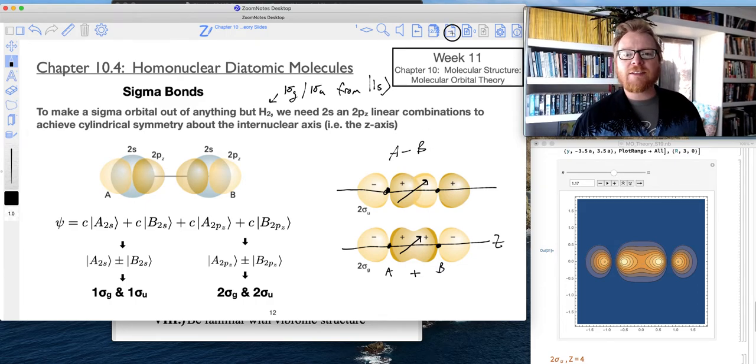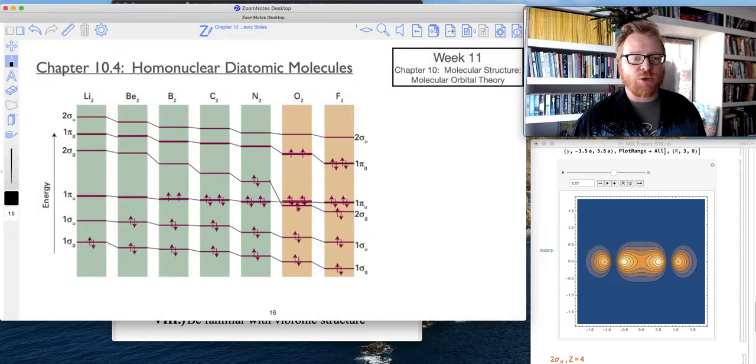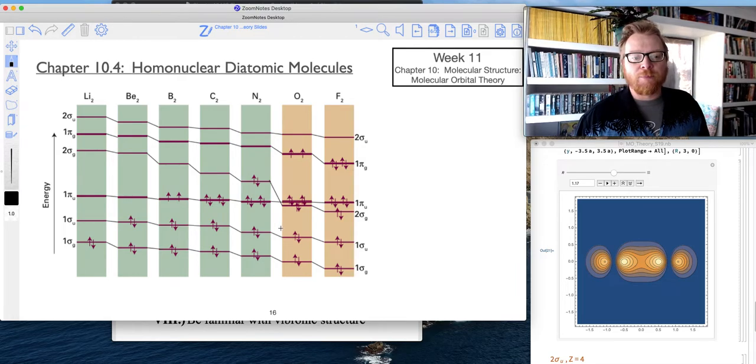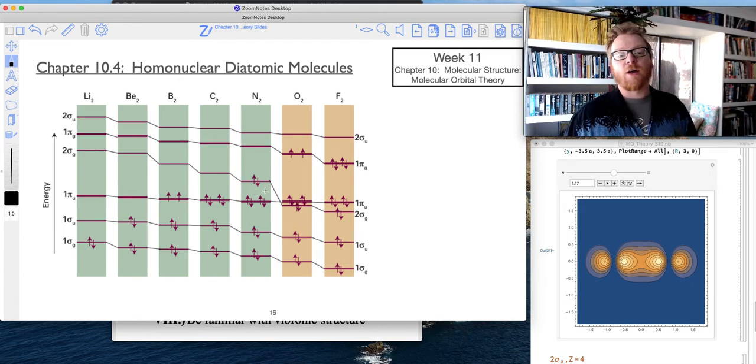And so what ends up happening when you get into nitrogen and oxygen, for example, which is filling up, because it's half filled or more, you've got electrons in all of those p orbitals, which will then contribute not only to the pi bonds, but also this 2 sigma bond, okay?